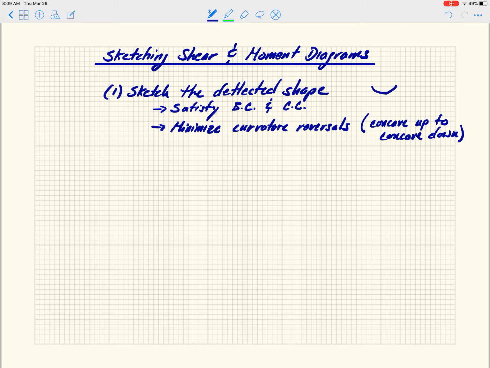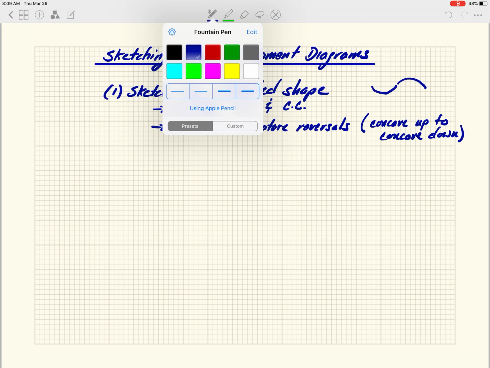So if I have a deformed shape that does this, and then it continues and does that, that is one curvature reversal. So basically what we want to do is come up with a deformed shape that satisfies boundary and continuity conditions with the least amount of curvature reversals. That's kind of the goal here.